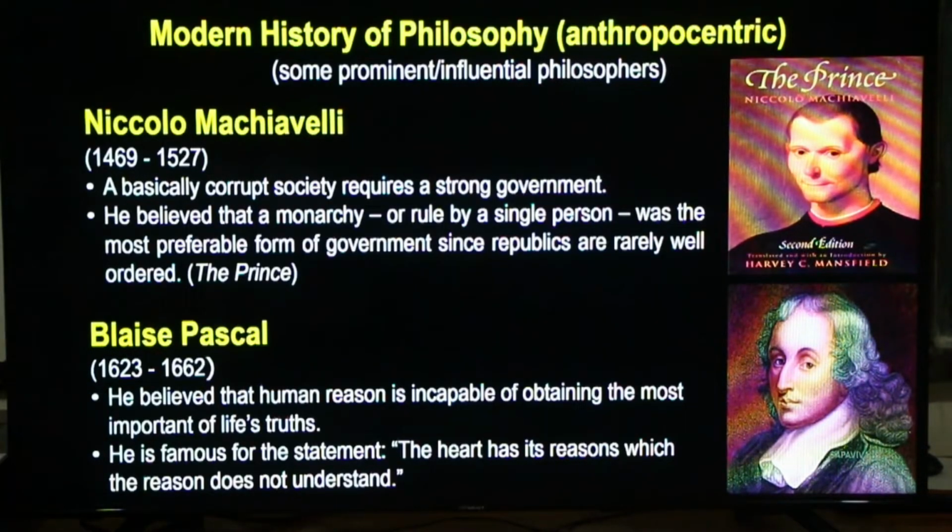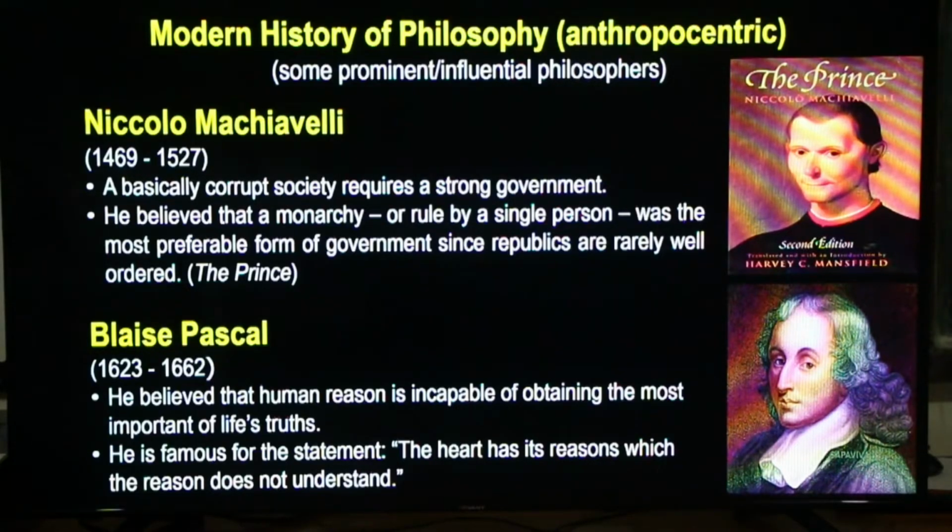Now this is the third major era in Western philosophy. The first philosopher here is Niccolo Machiavelli. For him, a corrupt society requires a strong government, and his famous work or book is entitled The Prince.